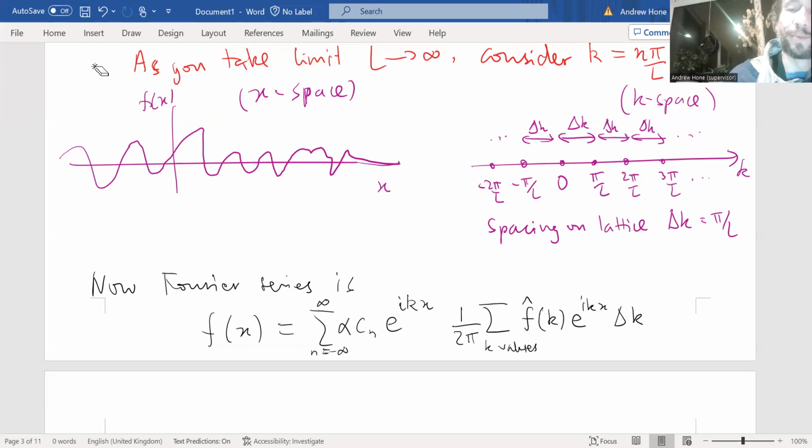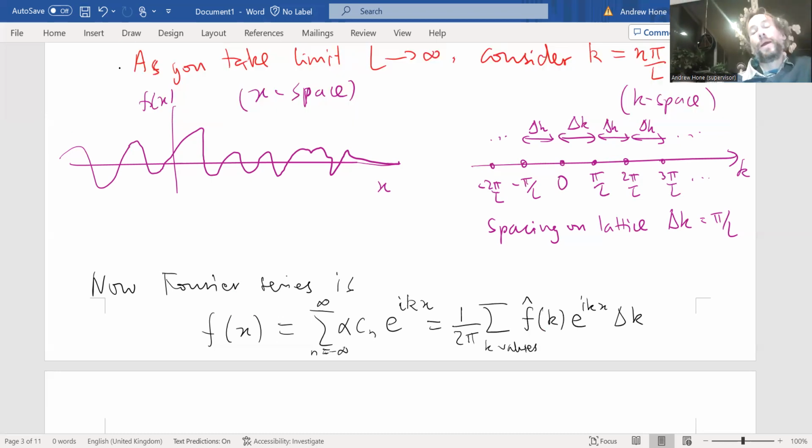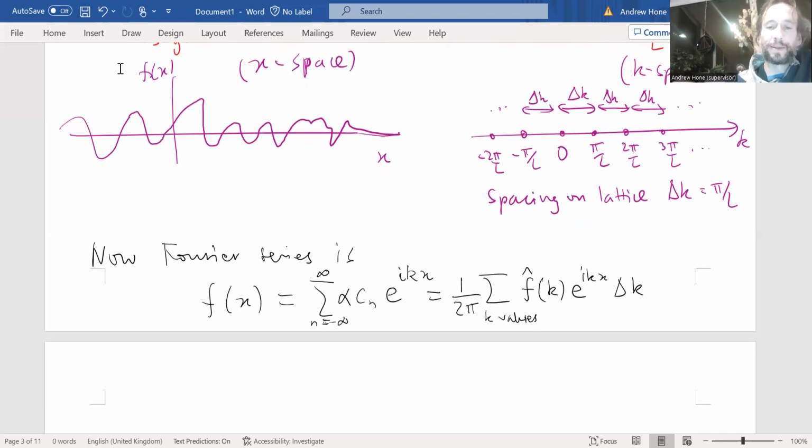I don't really even need to put approximately equals, I can actually just make this equals. So k is n pi over L, and this is f hat of k over 2 pi times e to the i k x times delta k. So, what have we done?